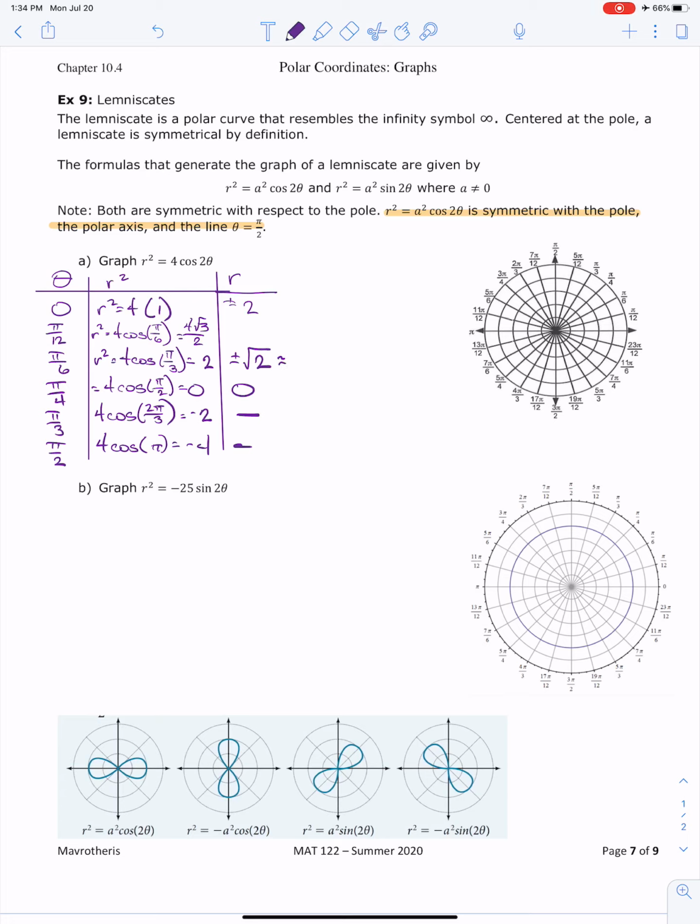Let's see, square root of 2 is roughly 1.414. So at this point, I've got 0. I'm at positive 2, or negative 2, we'll come to that in a minute. Pi over 6, I'm roughly 1.4.